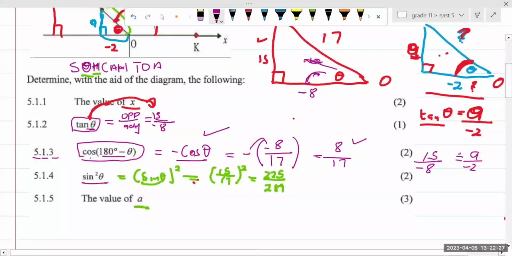Then I can solve for A. How am I going to do it here? Cross multiply. If I cross multiply, the 2 goes there.